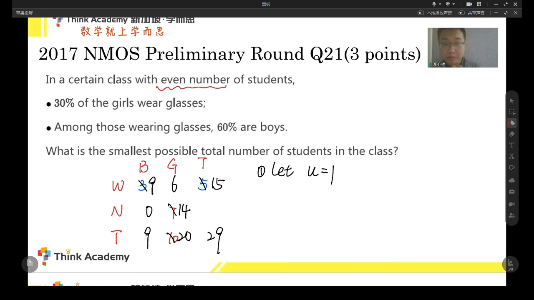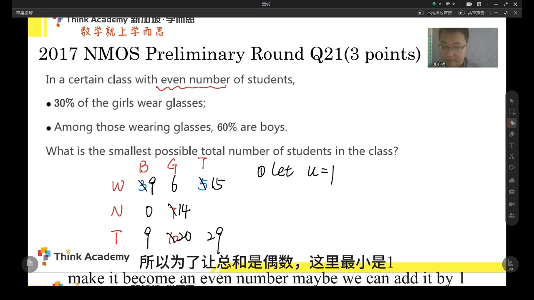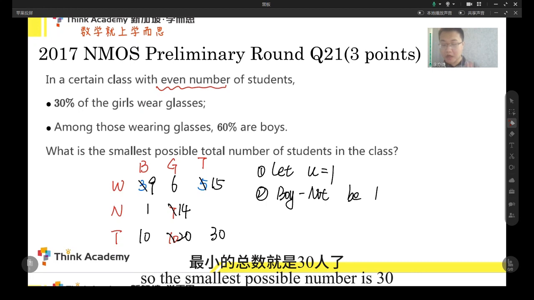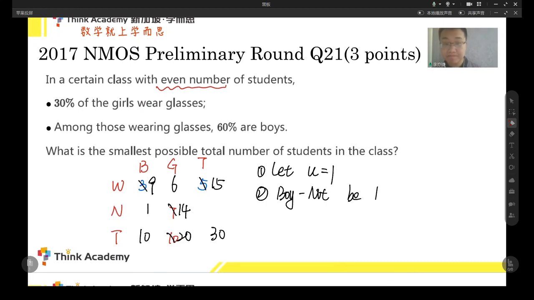So to make it become an even number, maybe we can add 1. So the second step, the boys who do not wear glasses will be 1. So now it is 10, 20, and 30. So the smallest possible number is 30.